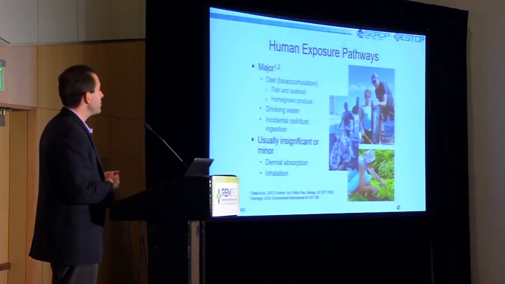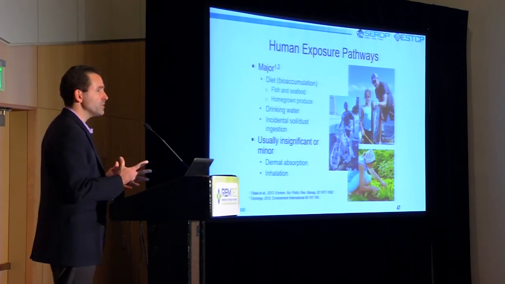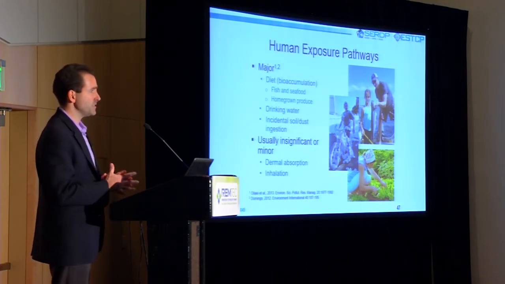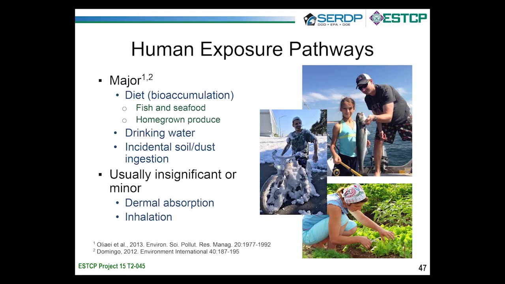In terms of other human exposure pathways at most contaminated sites that we're dealing with, the major pathways are direct ingestion. Again, I mentioned bioaccumulation, looking at PFAS in the diet, particularly fish and seafood. I didn't bring this up earlier, but plants behave a little bit differently when they accumulate these compounds. Plants tend to accumulate the shorter chain compounds more.